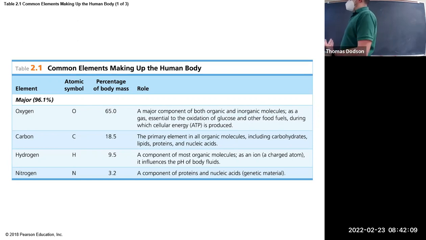But should that be surprising? Because what makes up some of your body mass? Water. Okay, H2O. Let me ask you this. Which one has more mass, hydrogen or oxygen? It's oxygen. Why do you say oxygen?